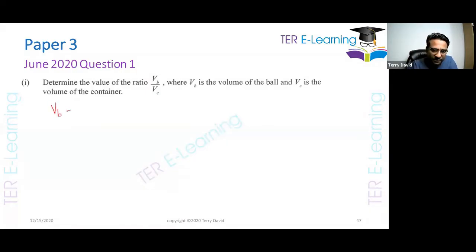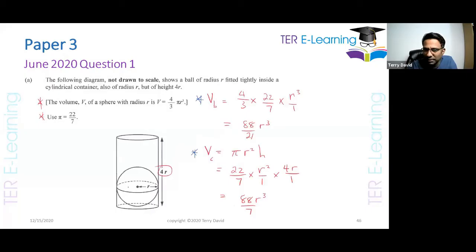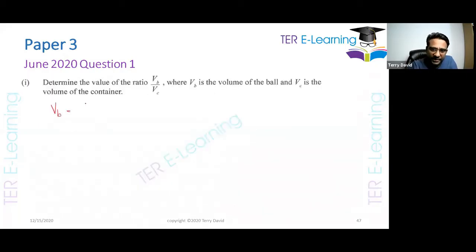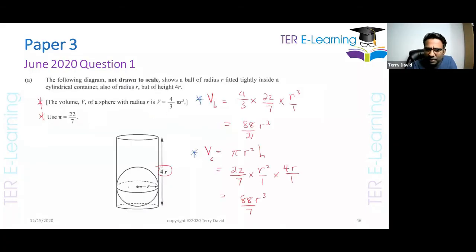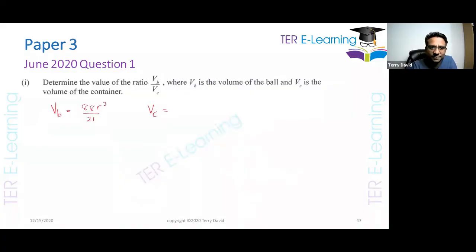So VB, the volume of the ball, is 88 r cubed over 21. And the volume of the container, we got that as being 88 r cubed over 7.